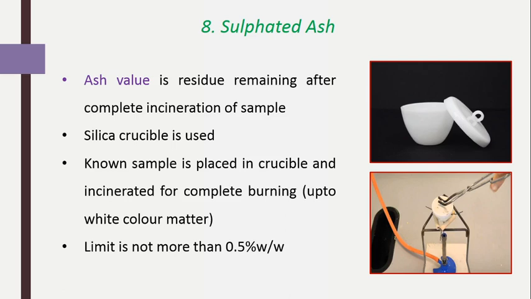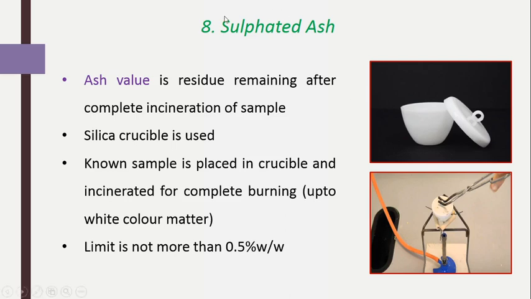After that we have seen the LOD, that is loss on drying. Here we have seen how much loss will happen with a known amount of absorbent cotton. It should not be more than 8% weight by weight.